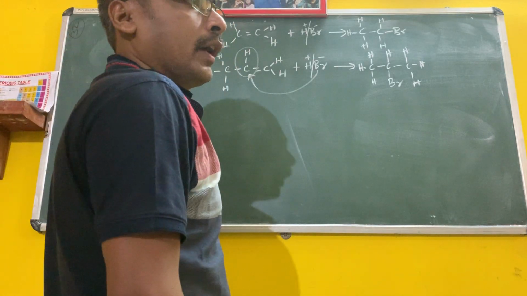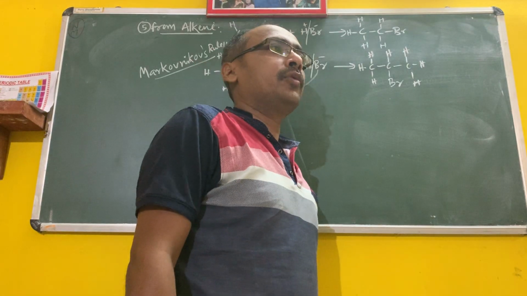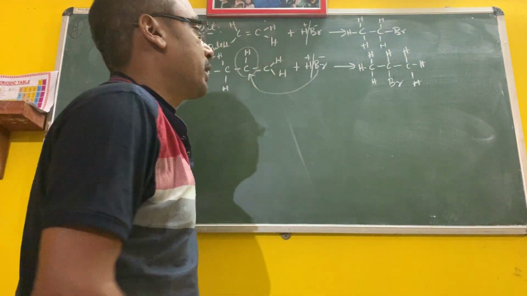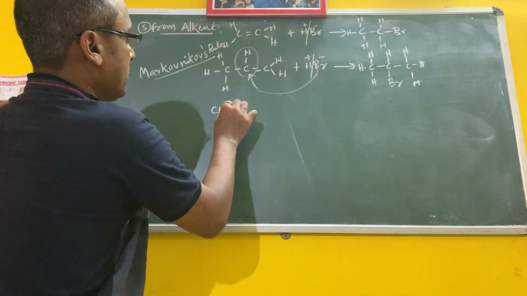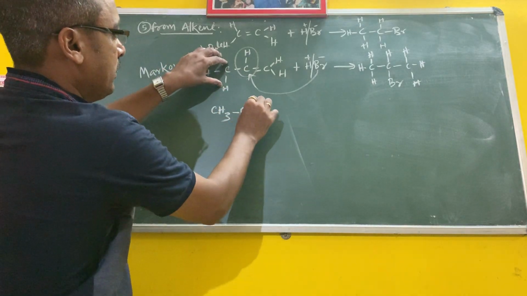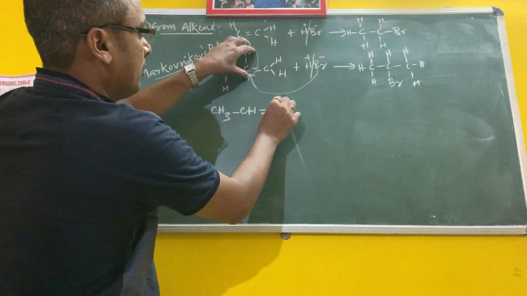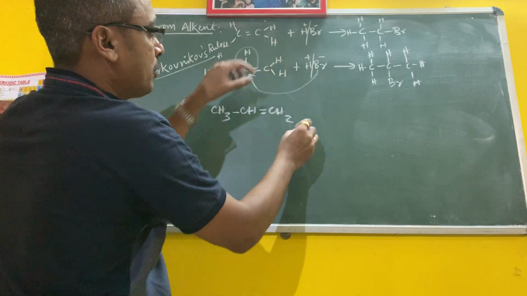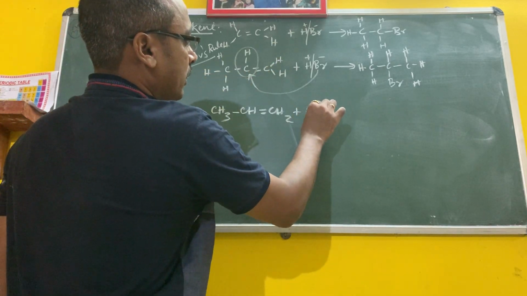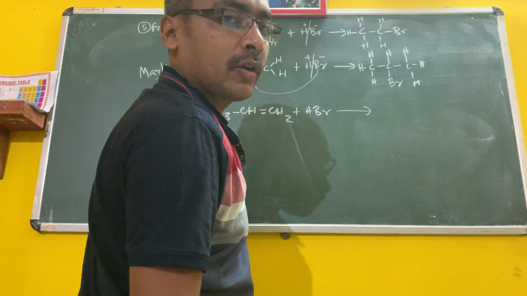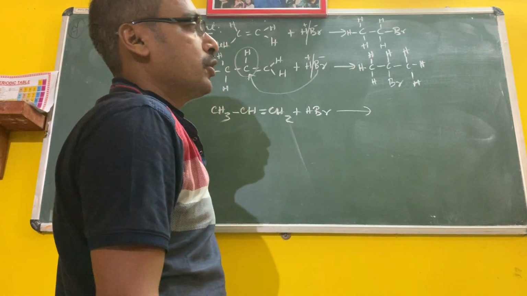Then another one is anti-Markovnikov's rule. If you are using peroxide, suppose CH3CH double bond CH2 plus HBr in presence of peroxide. The peroxide can be benzoyl peroxide.